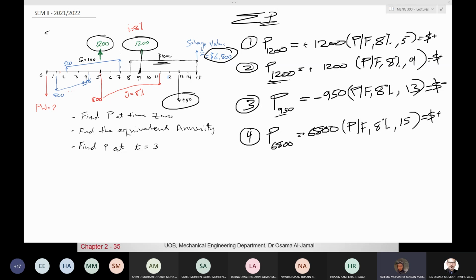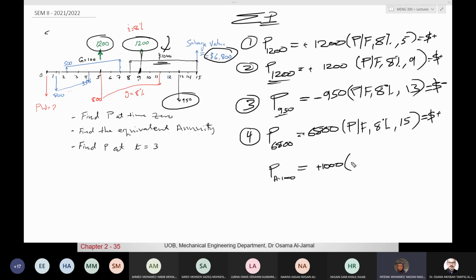I don't know how to find it. For an annuity, just find for a normal annuity. So it's A equal. We want to find the P, not A. How much annuity do we have? This is our annuity, it's upward, it's 1,000.